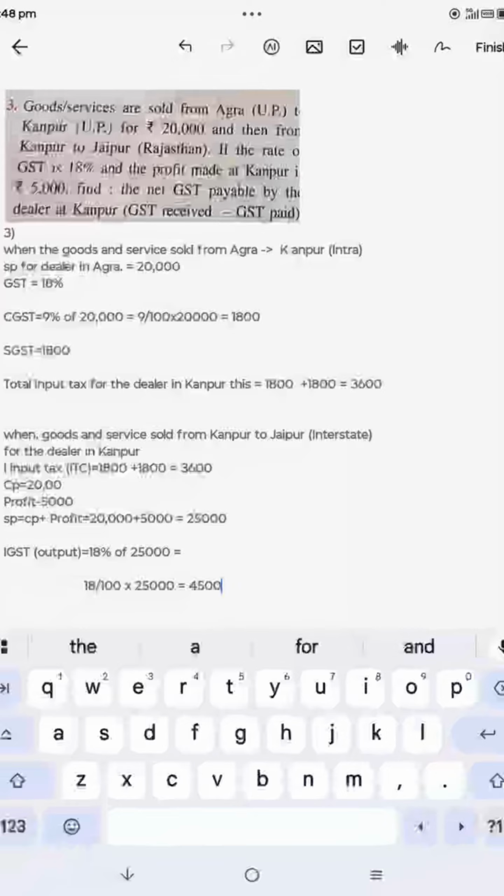Find the net GST payable by the dealer at Kanpur.